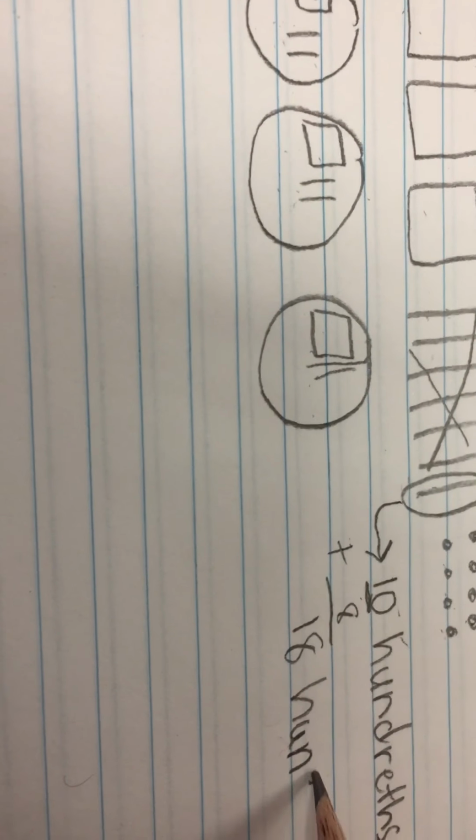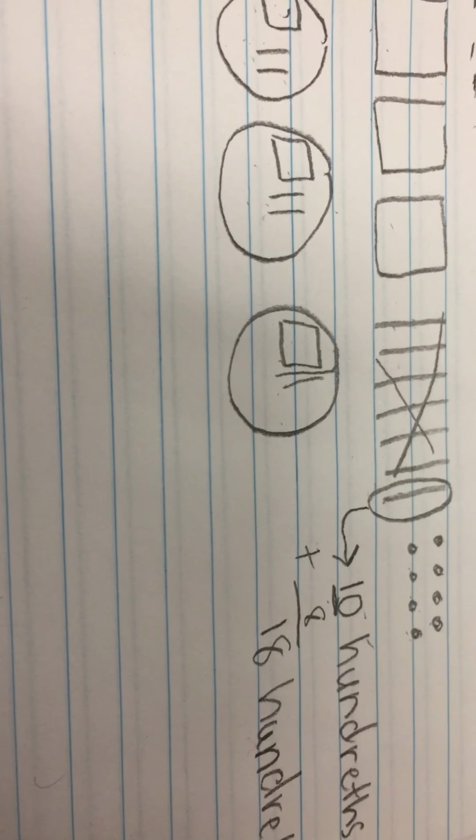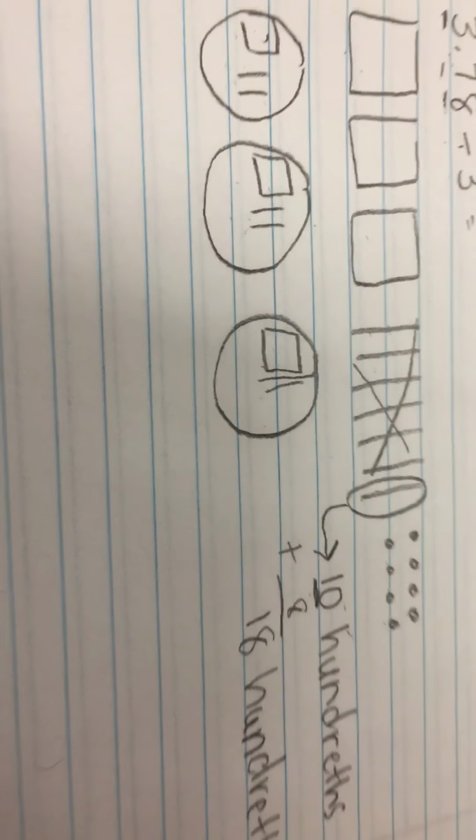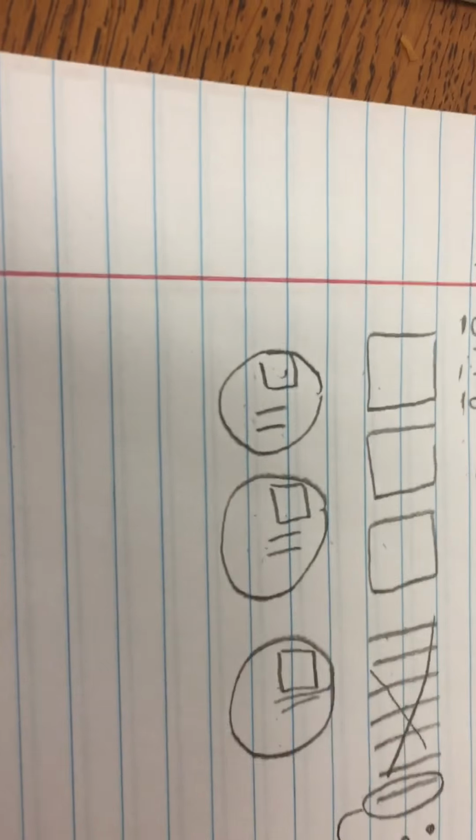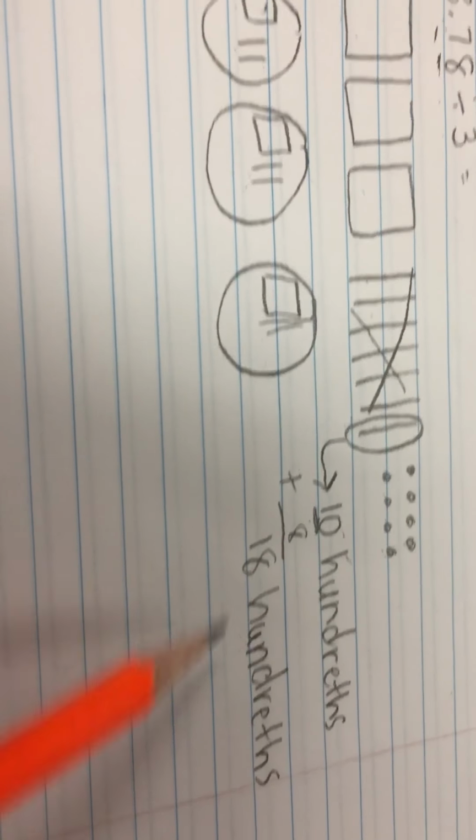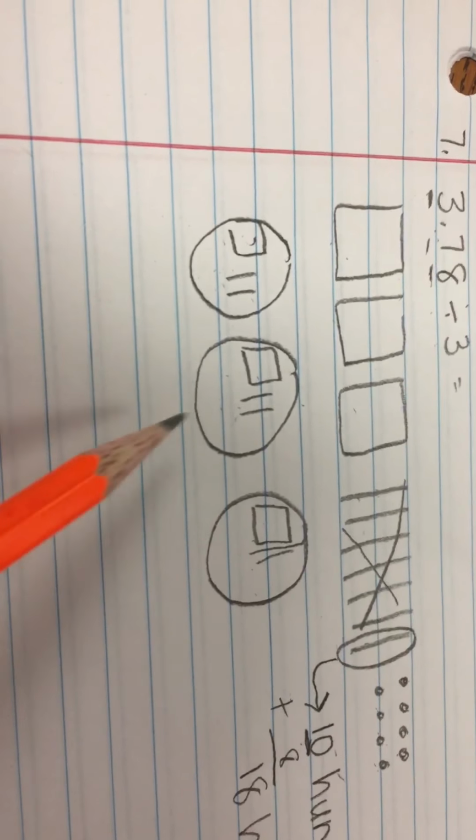This is hard to write and hold my phone too. We have a total of 18 hundredths that we have to equally divide into 3 groups.